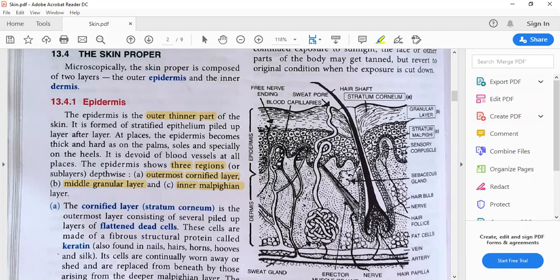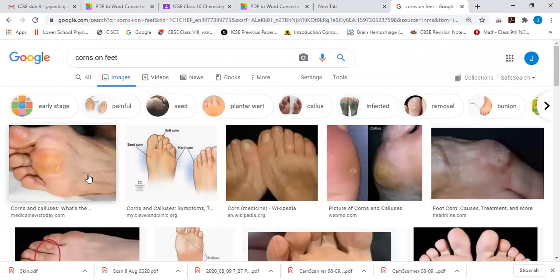Okay, let me check if I have anything. Just one second. Okay, I'll show you. Can you see this? Seed corns. ये दिख रहा है आपको?